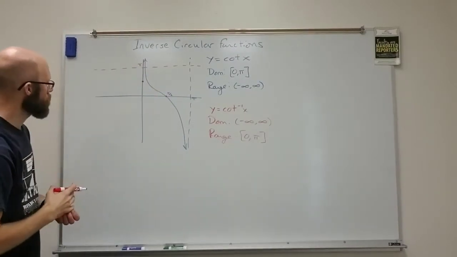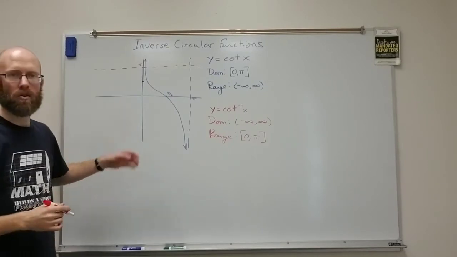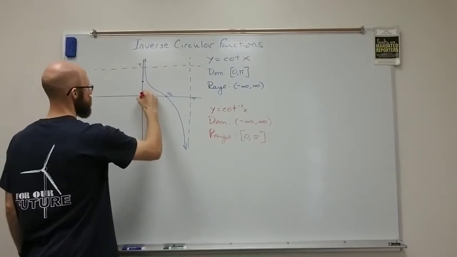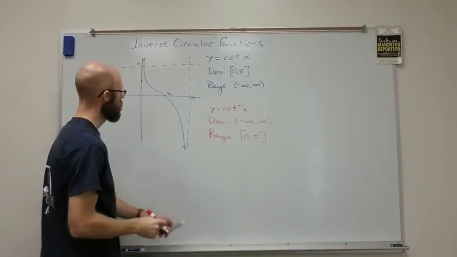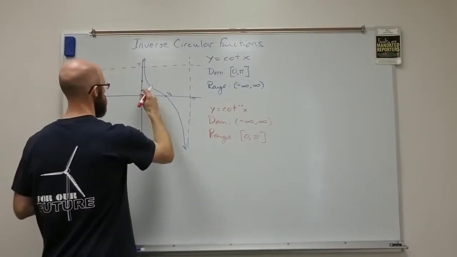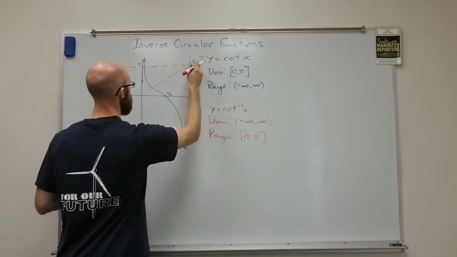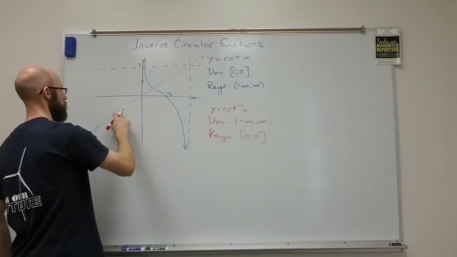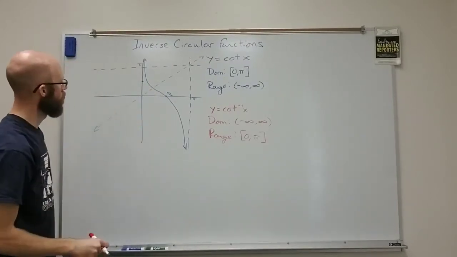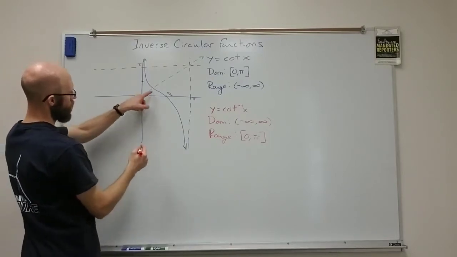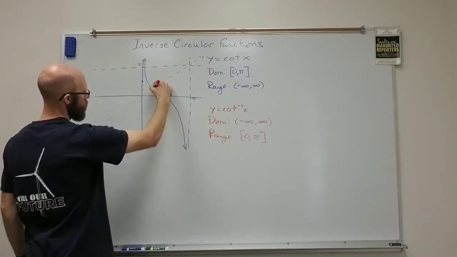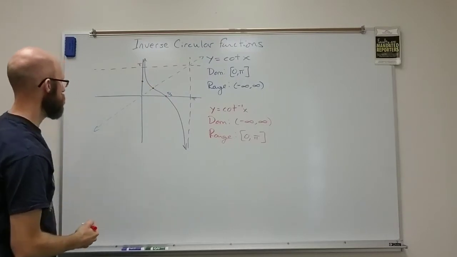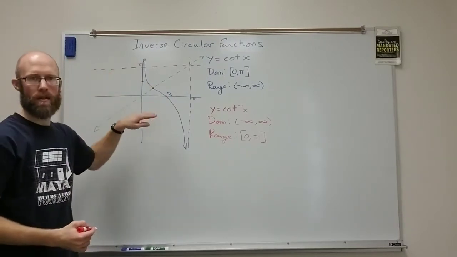And to make this a reflection across the line y equals x, I draw in the line y equals x, make that more dashed, then I've got to get the intersection here, just so I can see kind of which way the graph is going to curve.